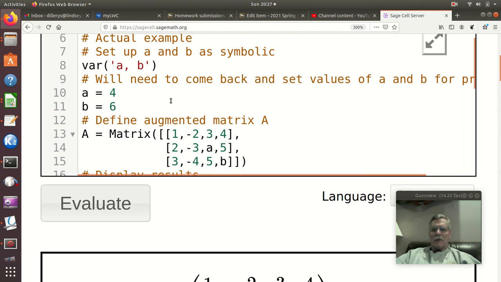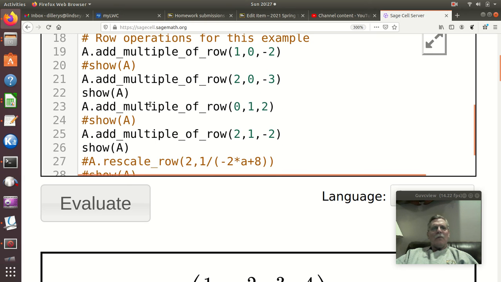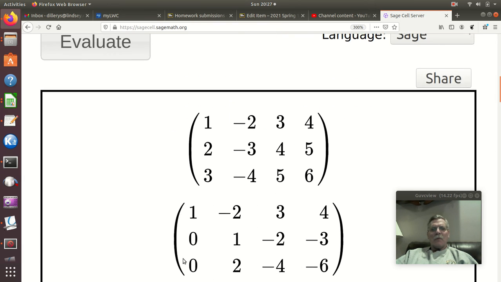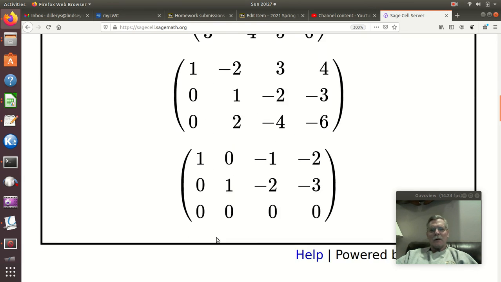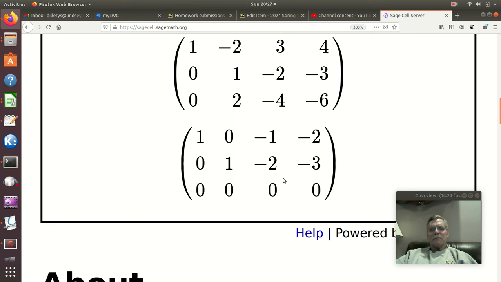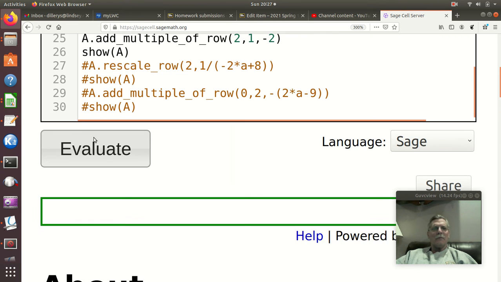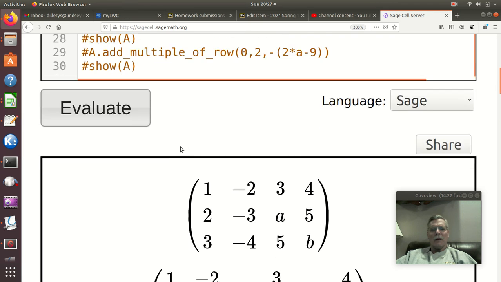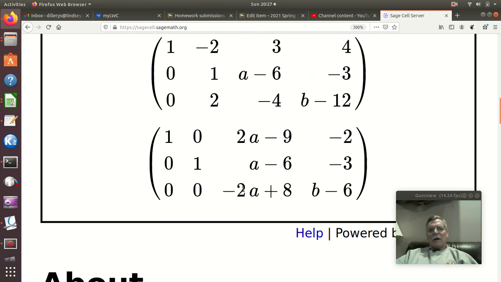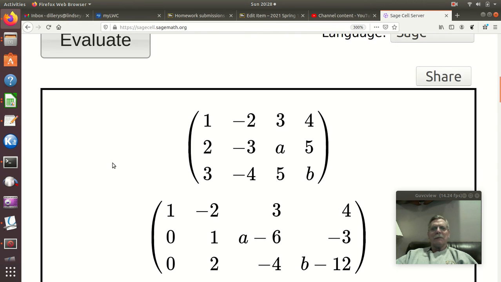Now if we just get rid of these, okay, and now we rescale. So here we are. Oops, I need to reevaluate so I can see what we had. Okay, here we are. I need to make that a 1, so what I need to do is multiply by the reciprocal of this thing, the -2a plus 8.